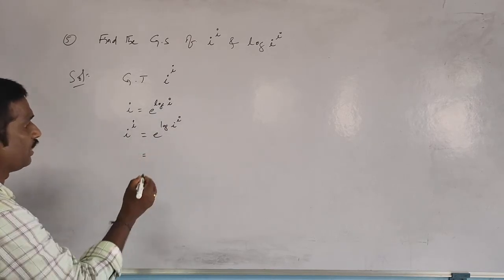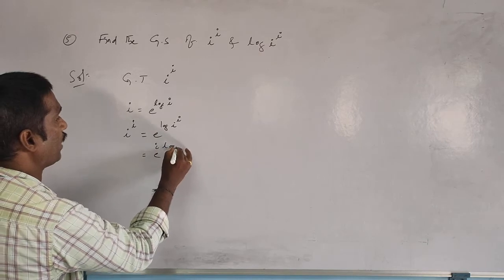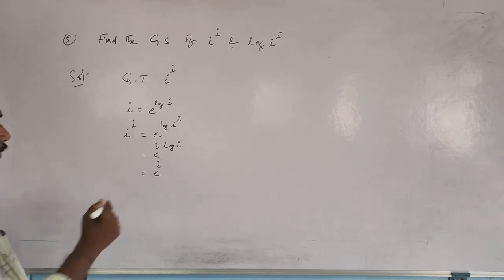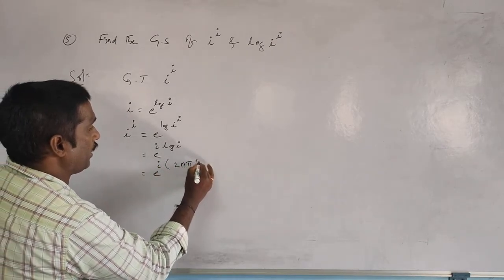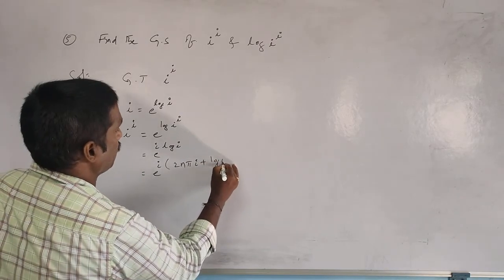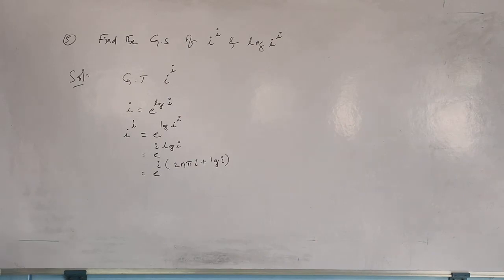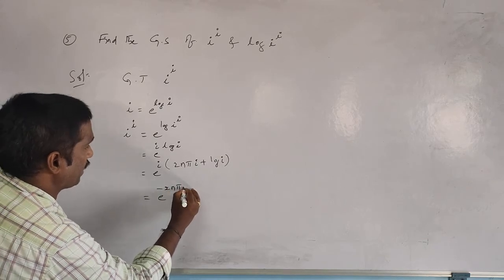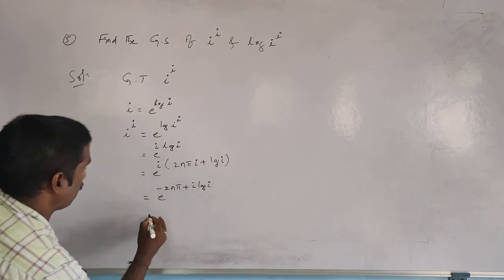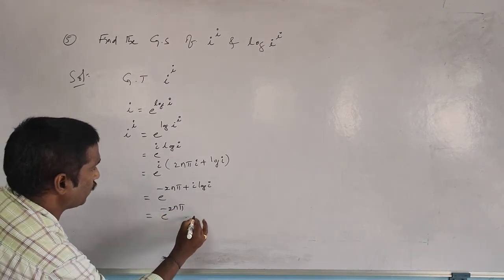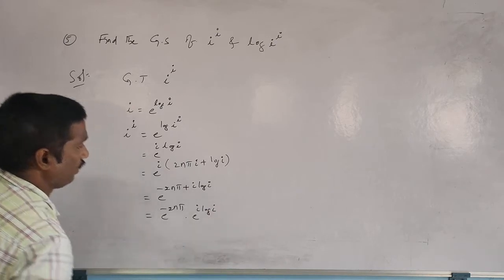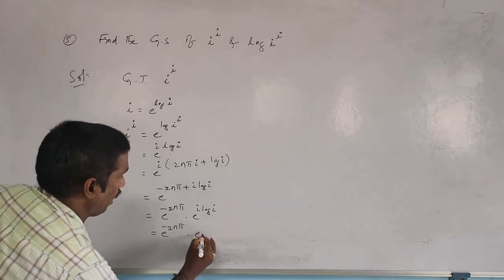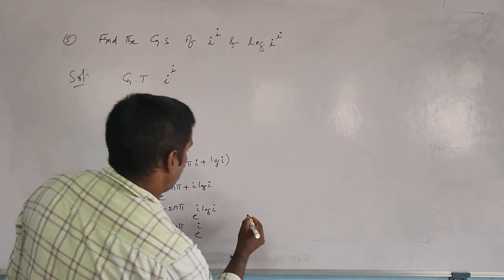So this will be simply e power i into log i, that equals e power i into, so log i can be written as simply 2n pi i plus log i, by using the general solution of the log i value, that equals e power minus 2n pi plus i into log i, that equals e power minus 2n pi into e power i into log i.